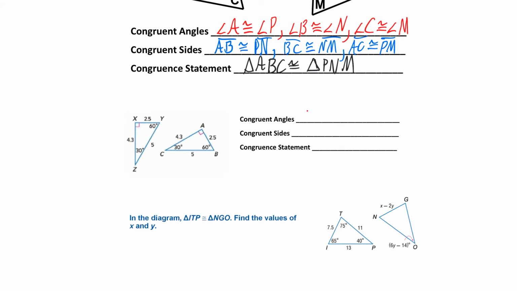So congruent angles on this next one. Angle A is congruent to what? To angle X. Angle B is congruent to what? Angle Y. And then angle C is congruent to what? To angle Z. Okay, for sides, AB is congruent to what?